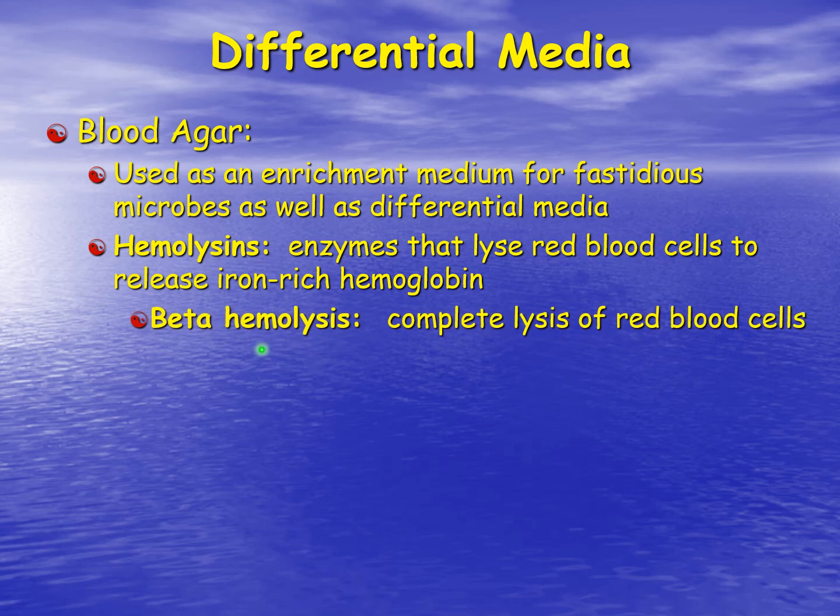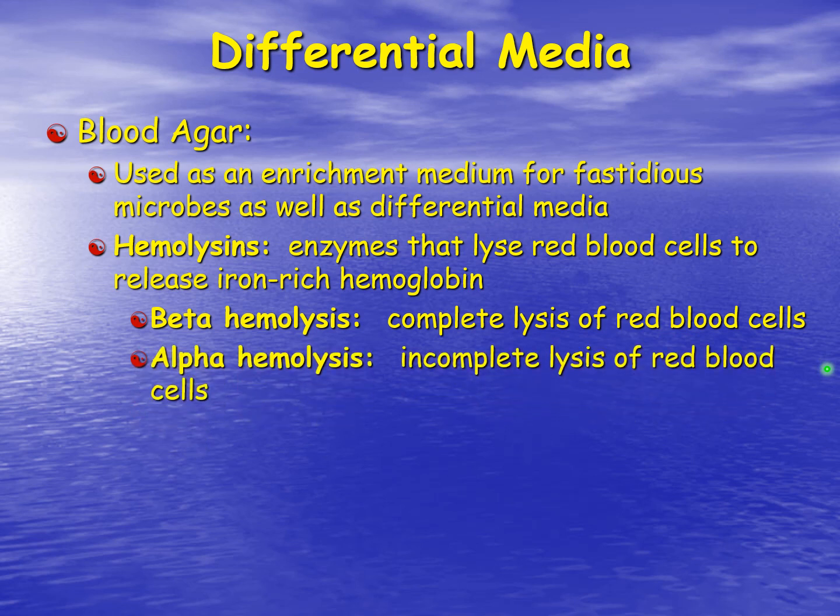If we see beta hemolysis on a blood agar plate, this shows complete lysis of the red blood cells in the region where the cells are growing. Alpha hemolysis will see incomplete lysis of the red blood cells in the area where the bacteria is growing. And if we have gamma hemolysis, there is no hemolysis surrounding the growth of the microbes.